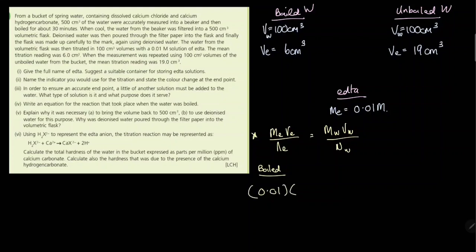The volume of the EDTA used in the boiled water section was 6 centimeters cubed. And our number in the equation is 1. The molarity of the calcium ion in the water, we don't know. The volume that was used in the titration was 100. And from our equation again, over here, it's a 1.